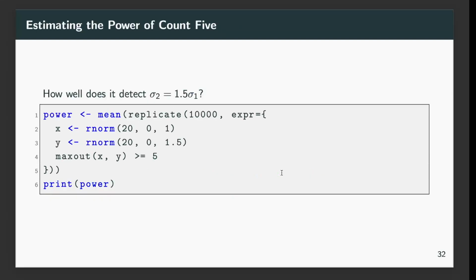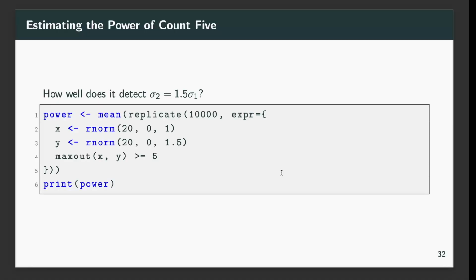All right, so now we want to estimate the power of the count 5 test against a specific alternative, which is sigma 2 equals 1.5 times sigma 1. So in this case, sample 2 has a 50% larger standard deviation.